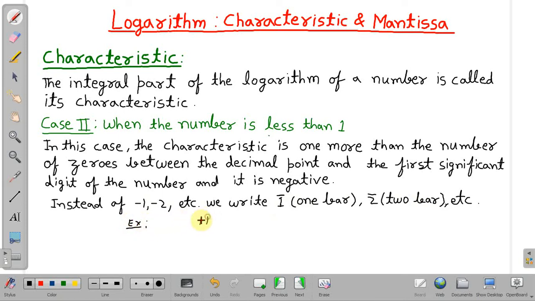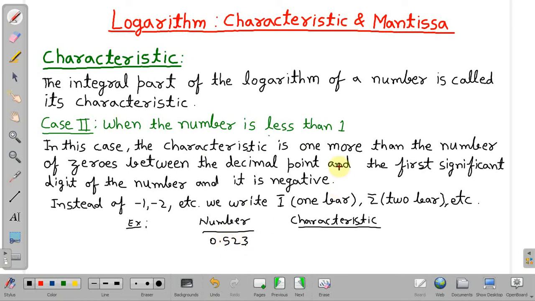Okay, suppose this is the number, and we have to find the characteristic. So our number should be less than 1. Suppose it is 0.523. Here, the number of zeros between the first significant digit, that is 5, and the decimal point is none.